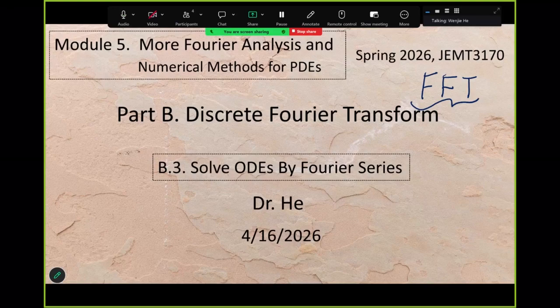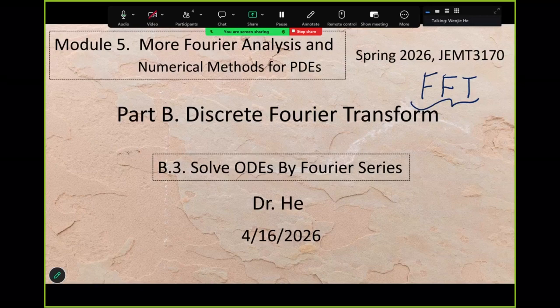Later I heard some MIT people developed something faster than FFT, but so far in engineering, when people do the discrete Fourier transform, they apply FFT. All software contains FFT, so we need to know the basic theory behind it. That's next week.